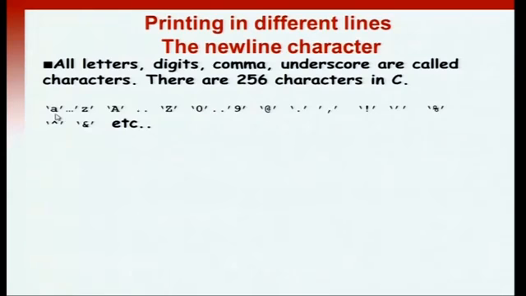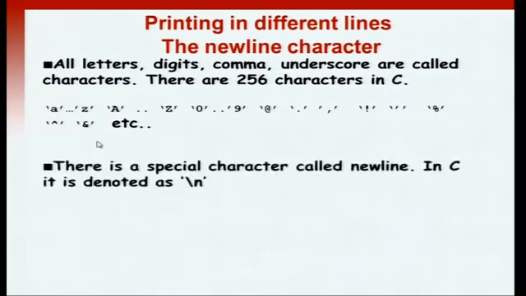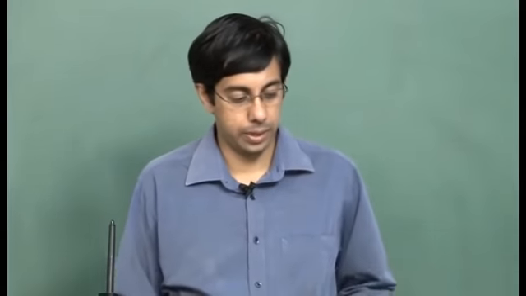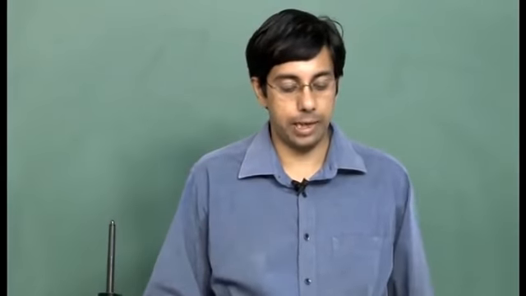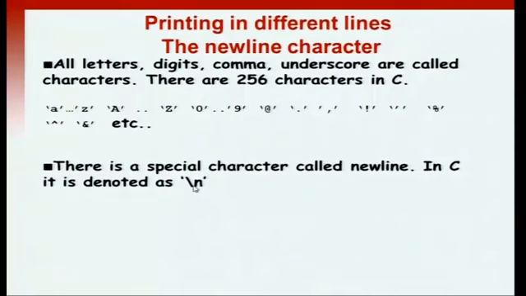So, for example, the small letters a to z, capital letters A to Z, 0 to 9, the @ symbol, other punctuation symbols like dot, comma, exclamation mark and so on are all characters in C. Now, in addition to this, there are certain things called special characters. So, there is a special character called new line. In the C programming language, it is denoted as \n.